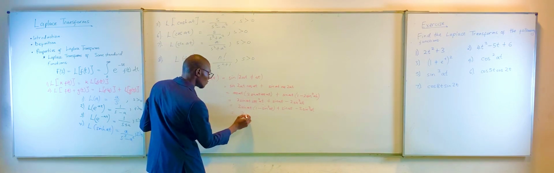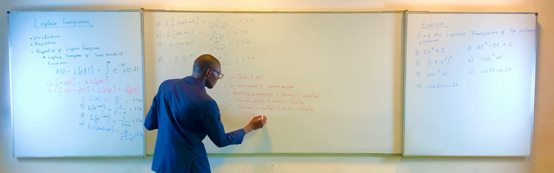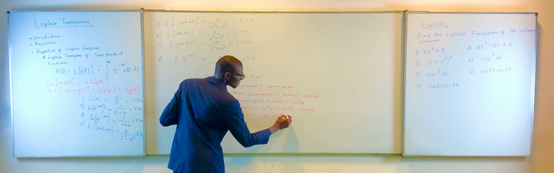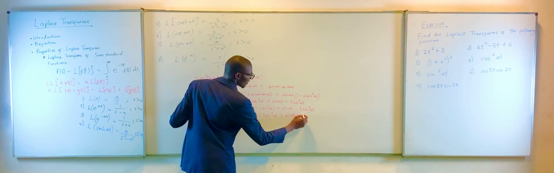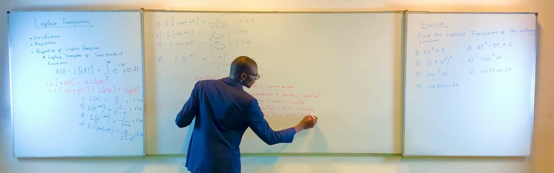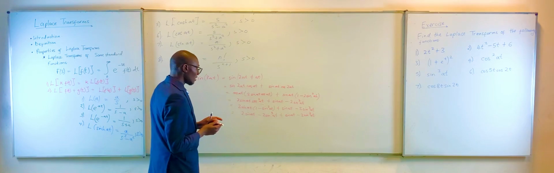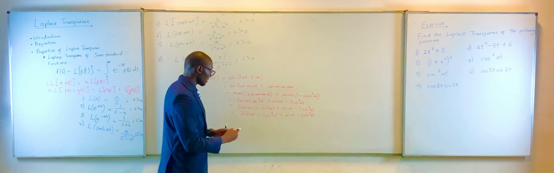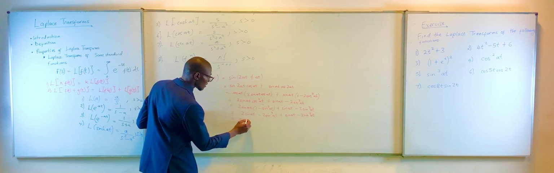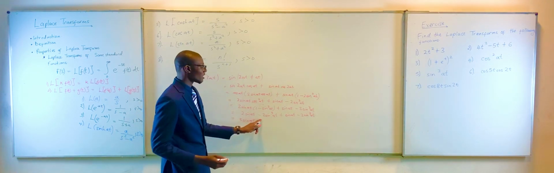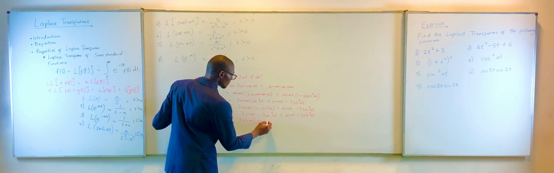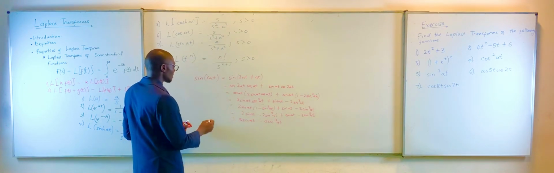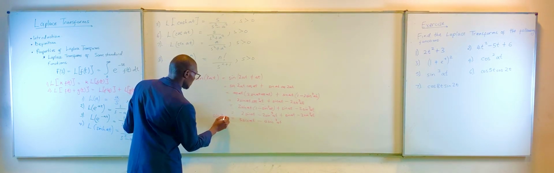Then that will give us 2 sine at minus 2 sine cubed at plus sine at minus 2 sine cubed at. Then if we group like terms, we've got 2 sine at plus sine at, that will give us 3 sine at, and minus 2 minus 2, that's minus 4 sine cubed at, such that this is sine 3at.